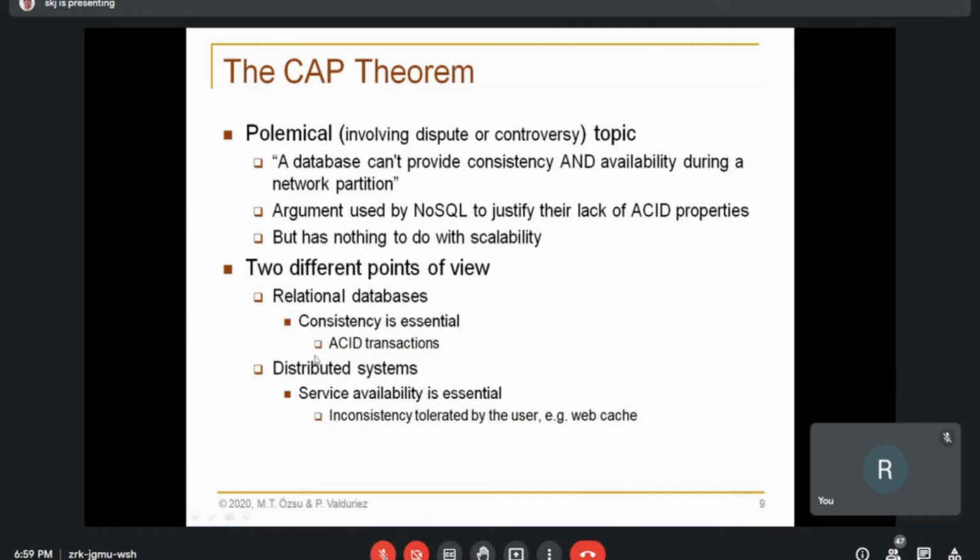Consistency is essential for the relational database, and service availability is essential for the distributed database. For the three terms of CAP, we will see that we can consider only two out of these three properties and then select the third one. Depending on which property has been selected by the database system, we have several NoSQL solutions.